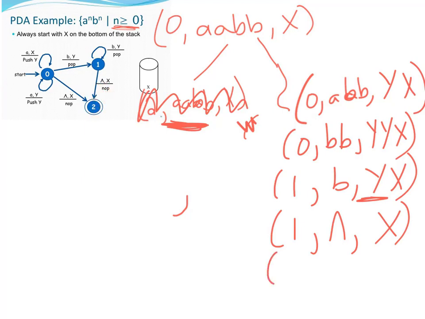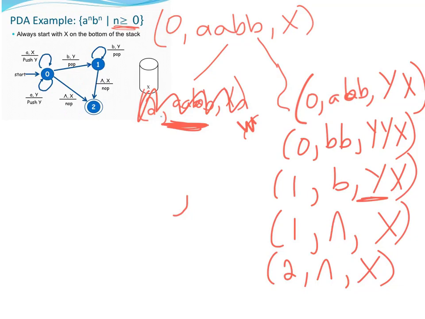So I'm at state 2 with a lambda and X on my stack. I check again because I have the empty string, and oh, look, state 2 is an accept state, so my string AABB is in my language. Thank goodness for that.